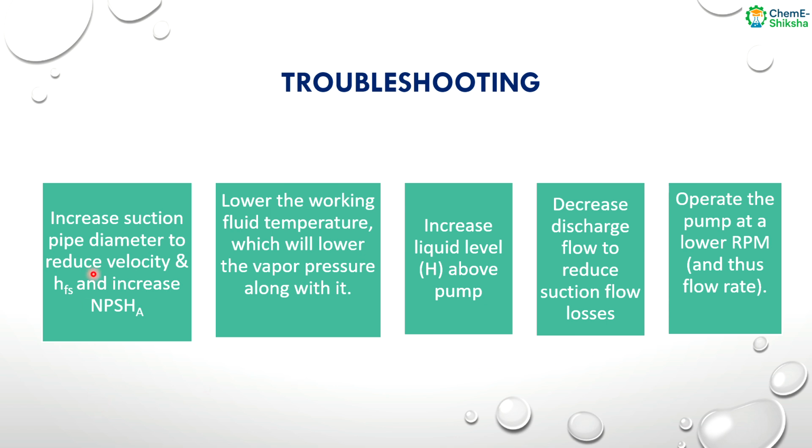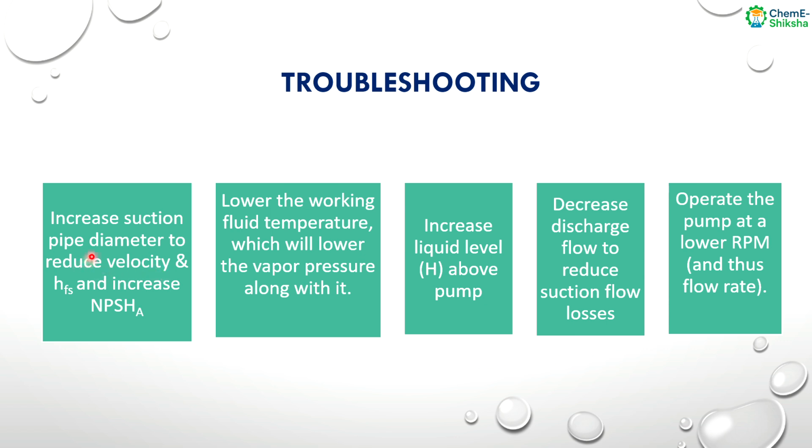There are certain ways to increase the NPSH available, like increasing the suction pipe diameter. If we increase the suction pipe diameter, the suction pipe area is increased. So the velocity is reduced, because from the equation of continuity, area into velocity, A into V, is constant.